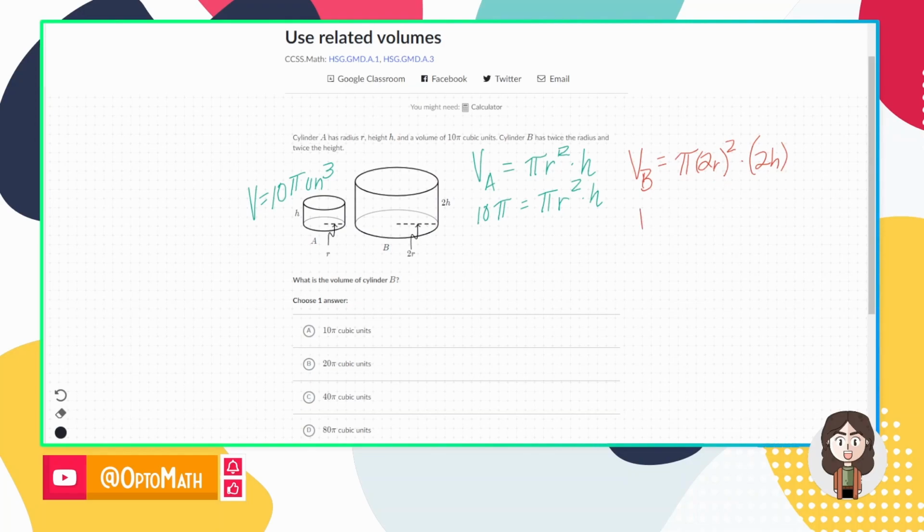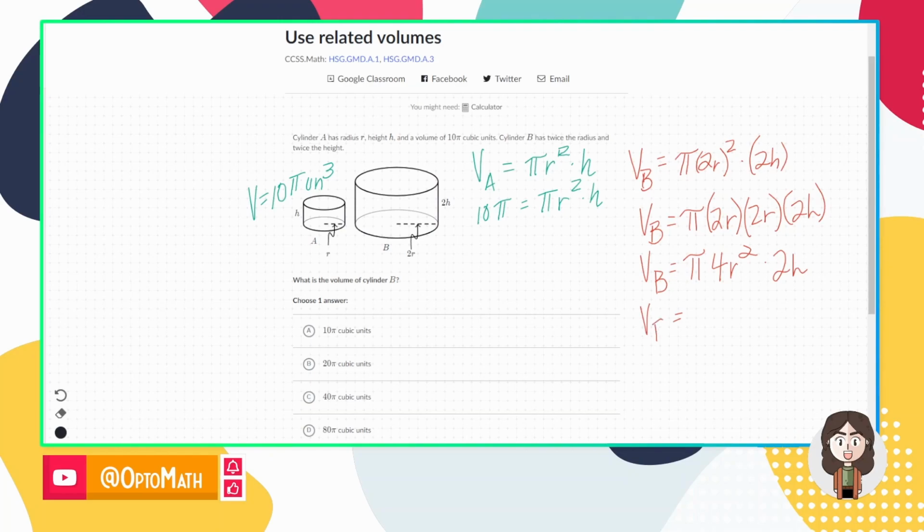Now, let's simplify here. 2R squared is the same thing as 2R times 2R. And we still have our 2H. Continuing, we have 2R times 2R is 4R squared. And we still have our 2H.